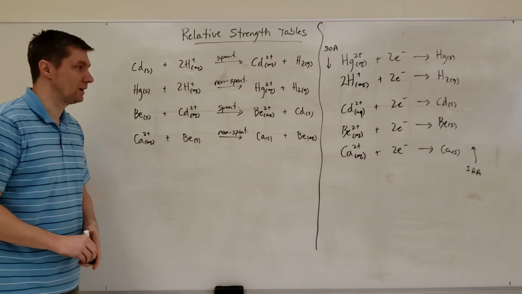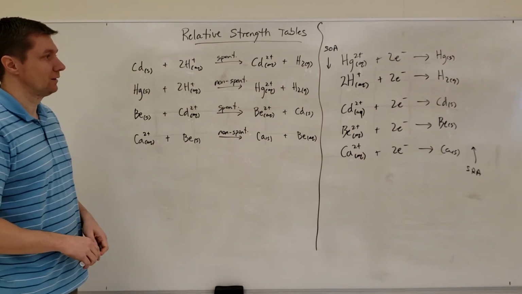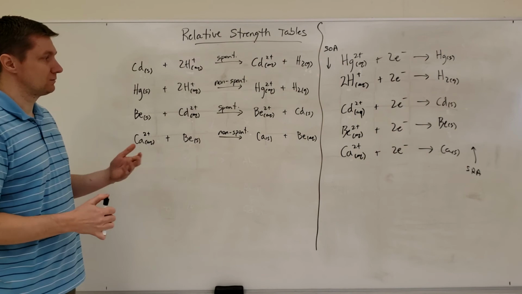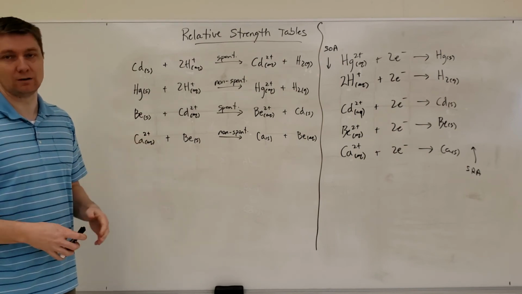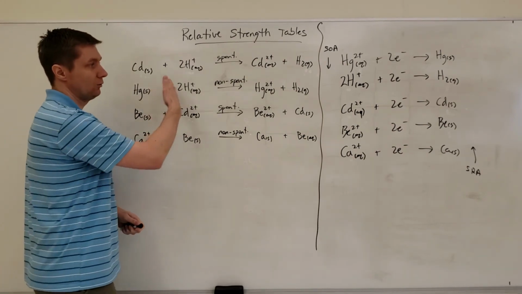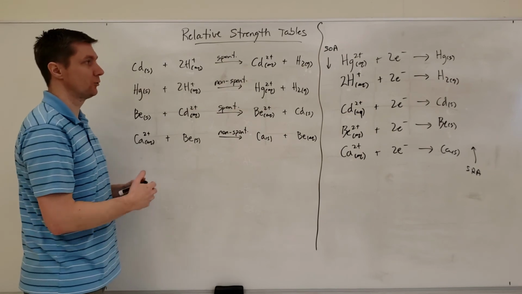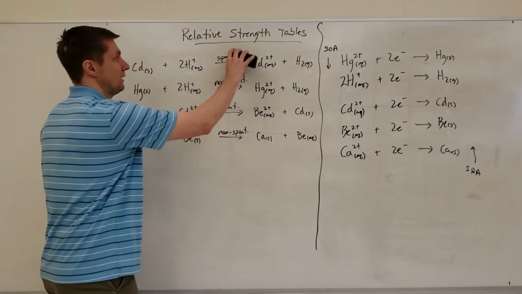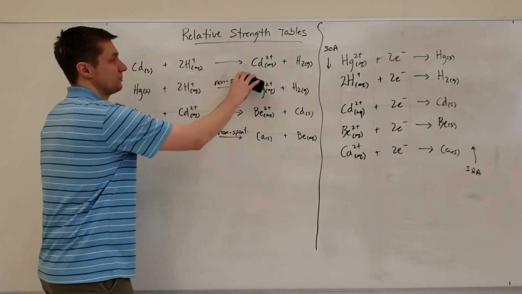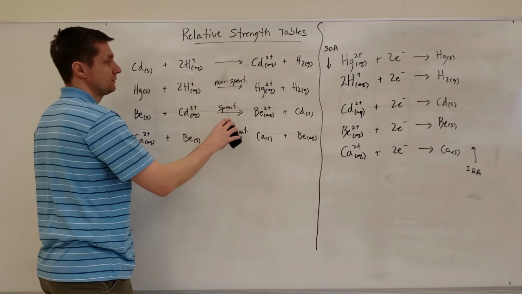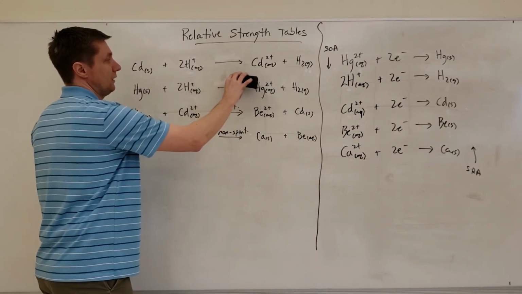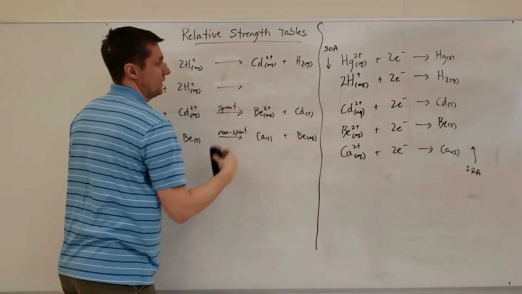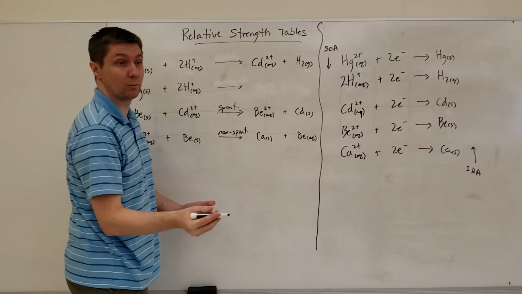Also, something to point out as well is that when you're doing these reactions, or when you see sometimes these reactions, they won't always be written exactly like this. So another way that you could see it is they might take out the spontaneous and non-spontaneous, and instead, when it's not spontaneous, they won't write in the products.